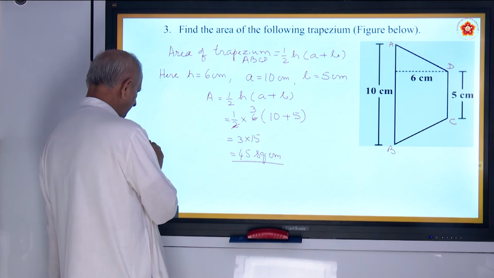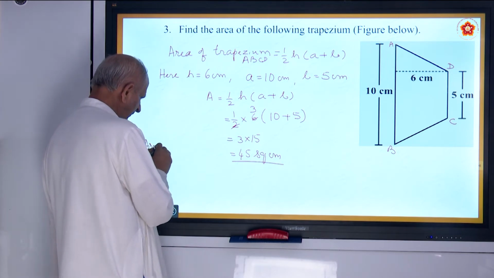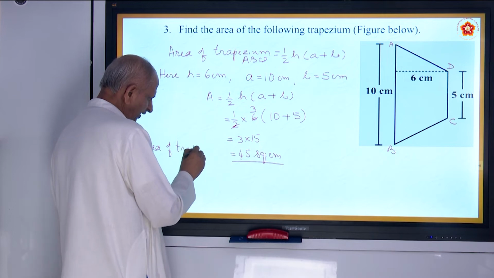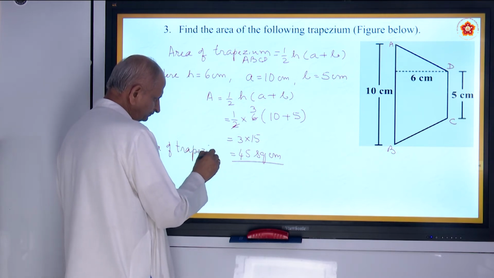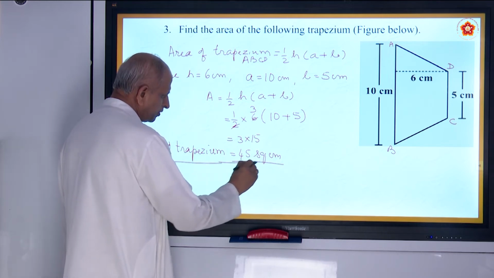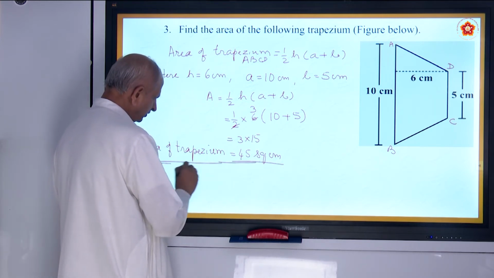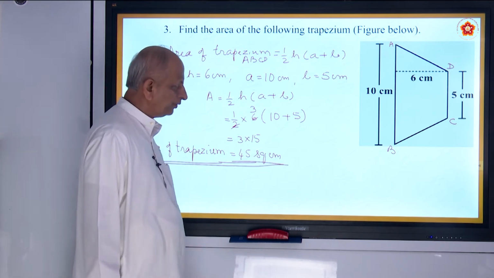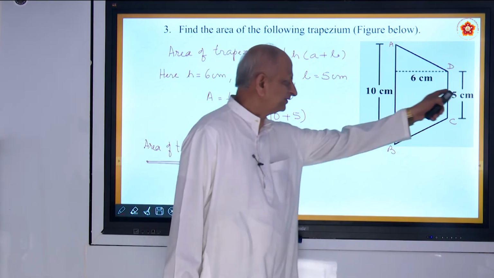So, you must write area of trapezium. Don't forget to write the answer. This answer carries half mark in the exam. Area of trapezium is equal to 45 square centimeters. Got it? Okay, these are called parallel sides.